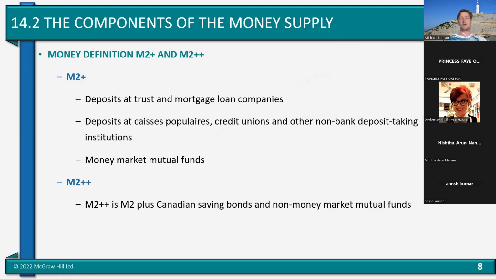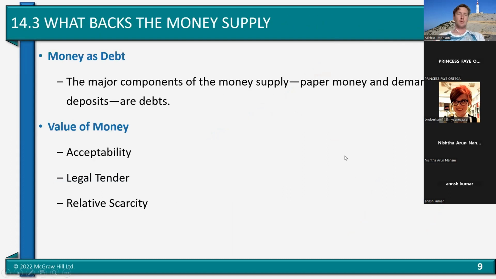M2 plus are deposits at trust and mortgage loan companies, deposits at Caisse Populaires, credit unions, and other non-bank deposit-taking institutions, money market mutual funds. M2 plus plus is M2 plus Canadian savings bonds and non-money market mutual funds.